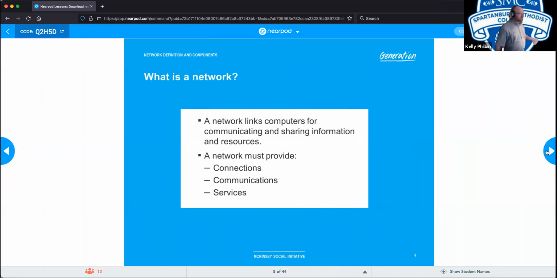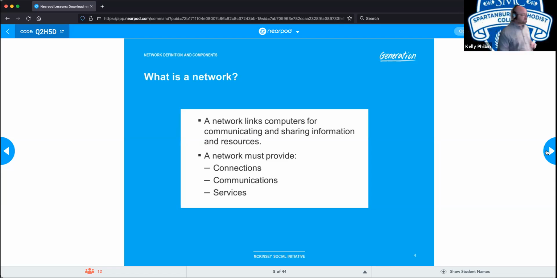First, what is a network? What exactly do they mean when they say this? It is basically a group of computers or devices that are connected together to share information and/or resources. That is the long and short of what a network is.